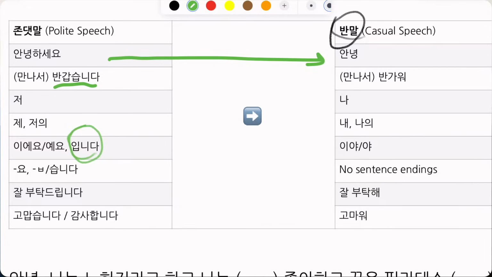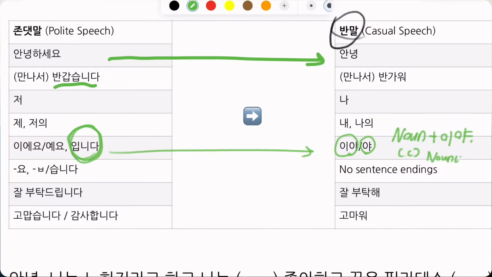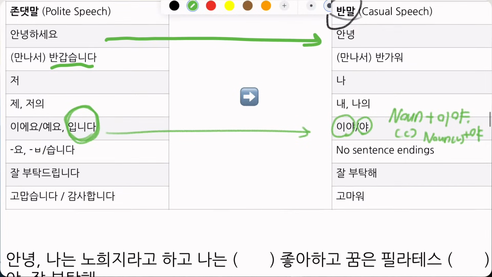그리고 입니다. We learned that this is a be verb, right? 입니다 becomes 이야 or 야. So if the noun ends in a consonant, you add 이야. If the noun ends in a vowel, you add 야. 그리고 so 입니다 does not get affected by the form of noun that precedes, right?